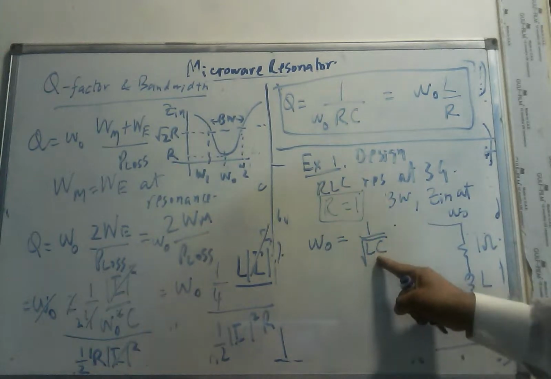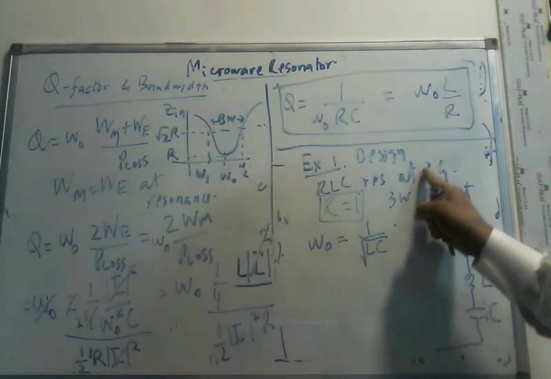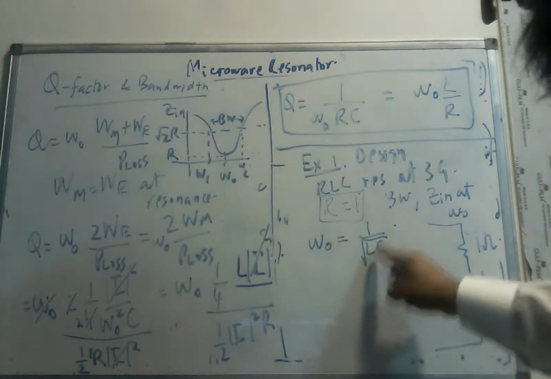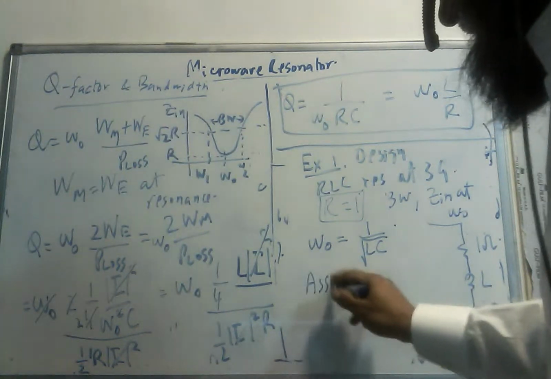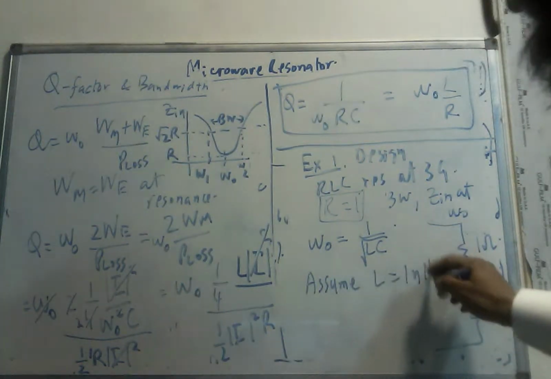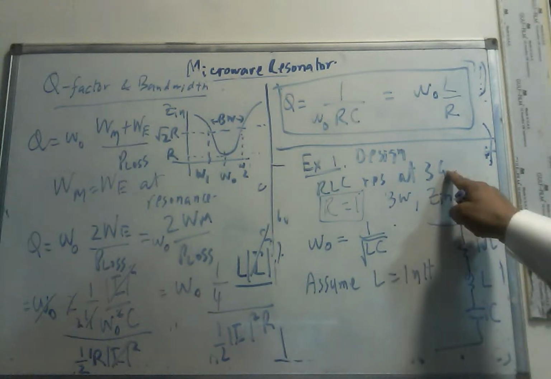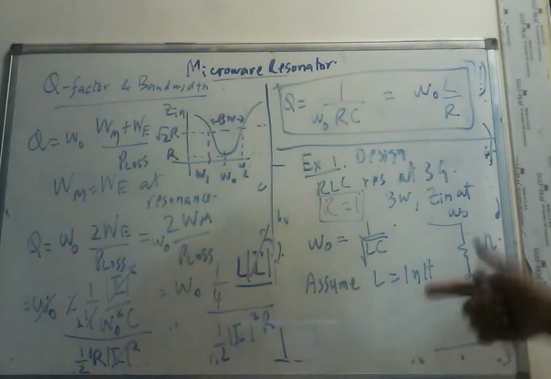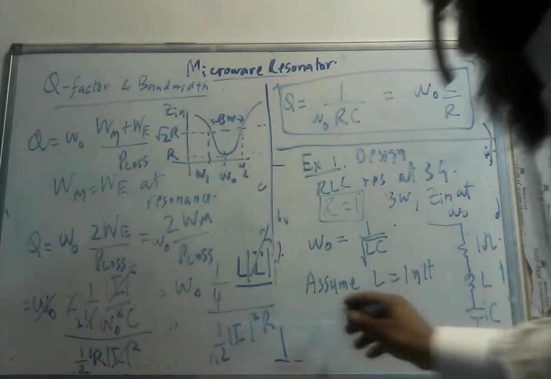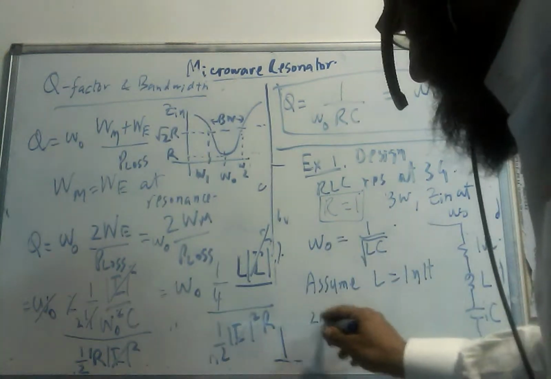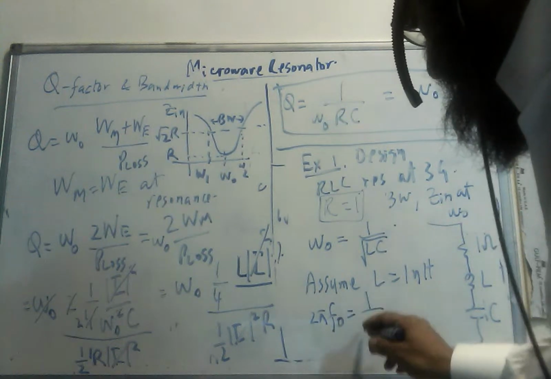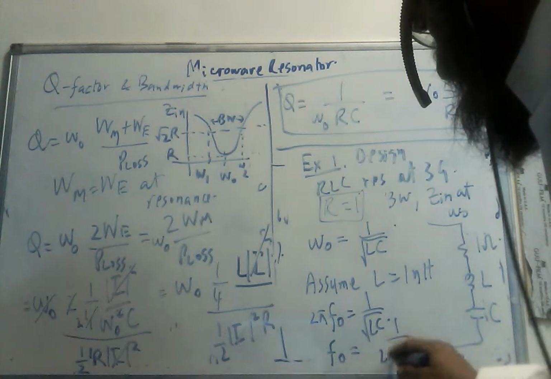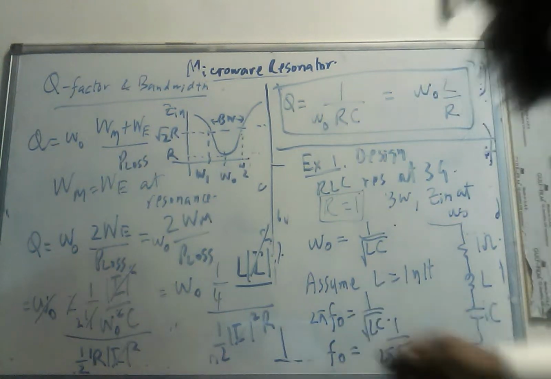Because I know omega, which is 3 gigahertz multiplied by 2 pi, I can assume L equal to 1 nanohenry, because the frequency is in gigahertz, so L will be in nano. I can assume any suitable nano number, 1, 2, 3, whatever, and then calculate C. So I have 2 pi f naught equal to 1 over square root LC. So f naught is equal to 1 over 2 pi square root LC, and I square it.